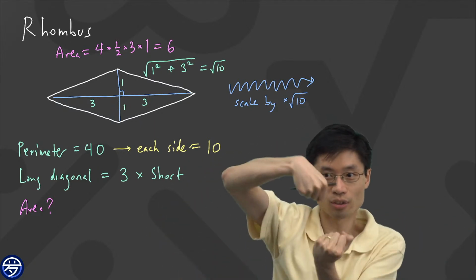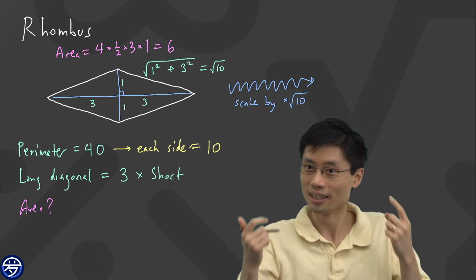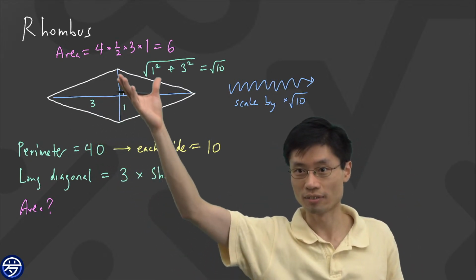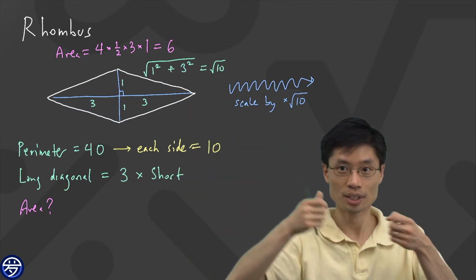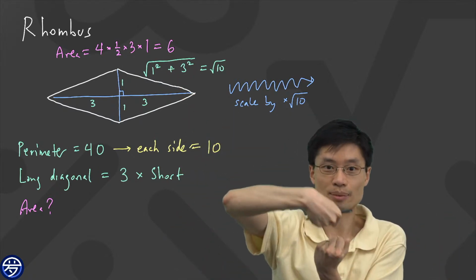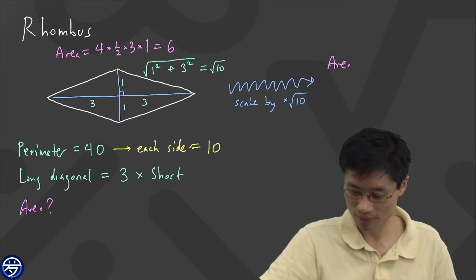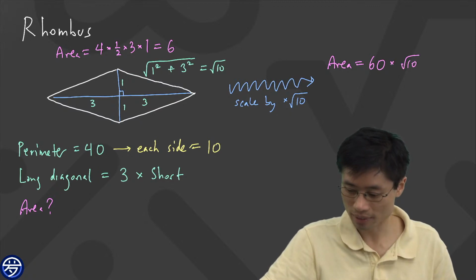But after that, I also scale this way, so I should multiply it a second time. And so the area of 6 times root 10 factor this way times root 10 factor that way. So now the area is equal to 60 times root 10 squared. And that's equal to 600.